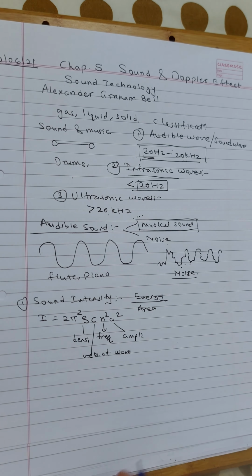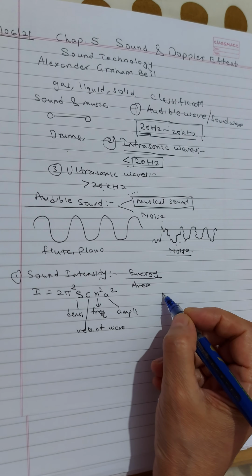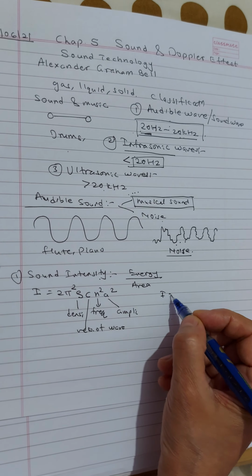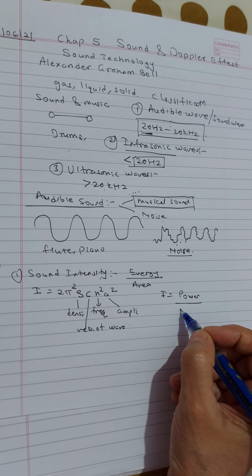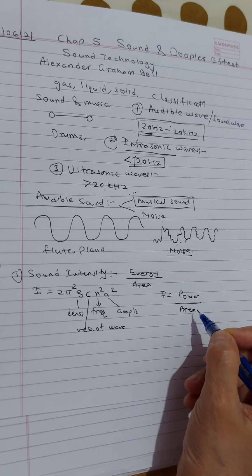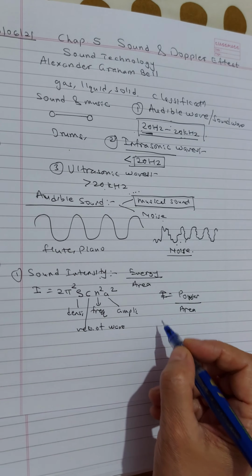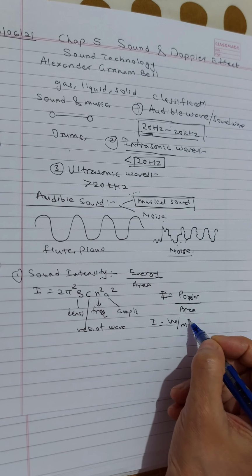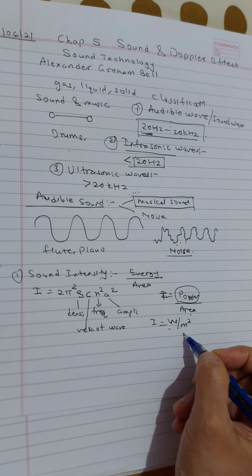The other definition is that intensity is nothing but power transmitted per unit area. If I use this definition, then the unit of intensity is watts per meter square, because power unit will be watts and area will be in meter square.